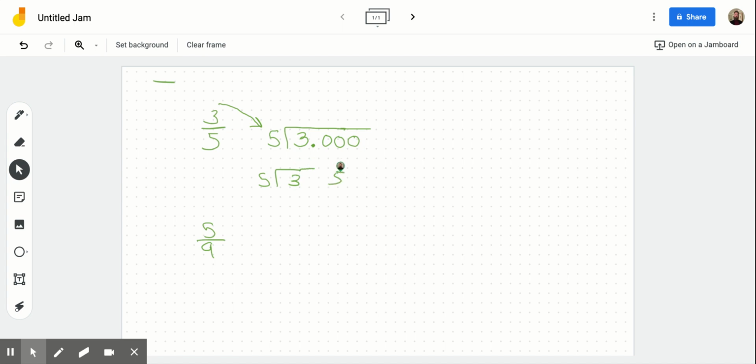Before we even start dividing, I'm going to break this problem up into 5 into all the numbers that are inside the division bracket. We can see 5 into 3.000: 5 into 3, 5 into 0, 5 into 0, 5 into 0.